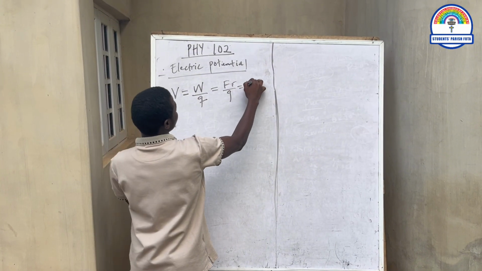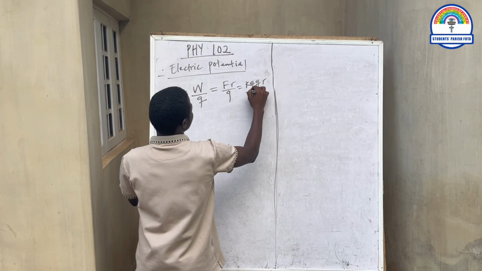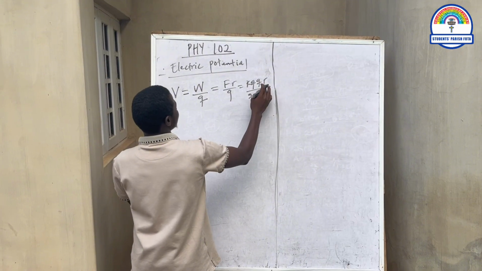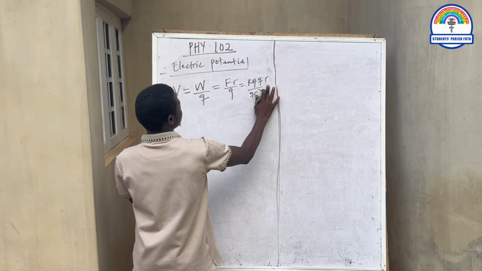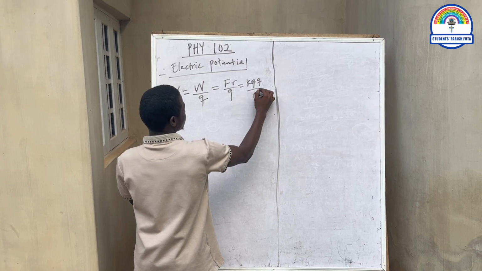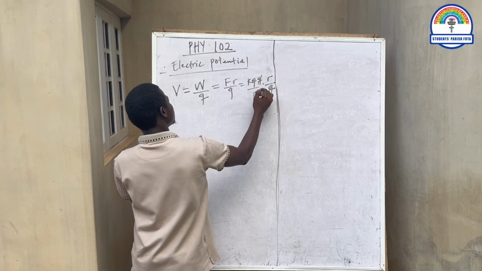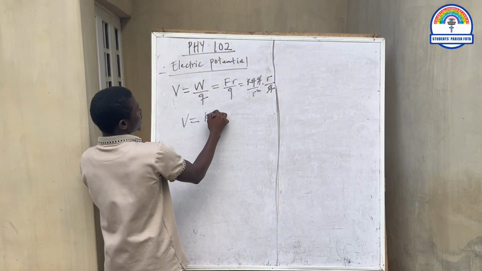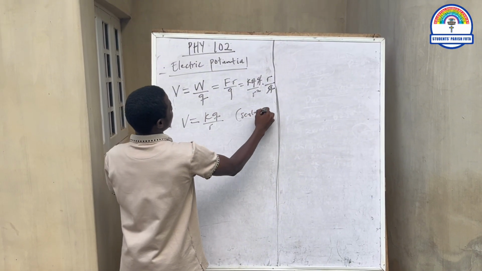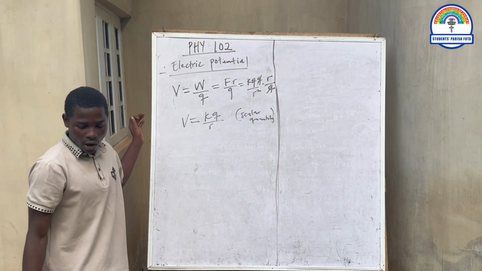Don't forget your force is kQ1Q2 over r², times your r, now over your Q. Q cancels this. So your V is basically kQ over r, and it is a scalar quantity. Are we good to go?